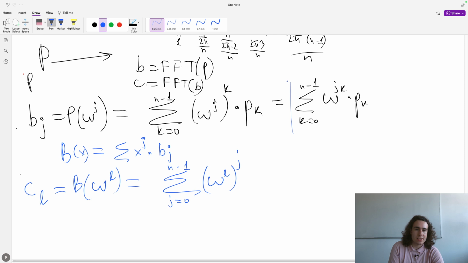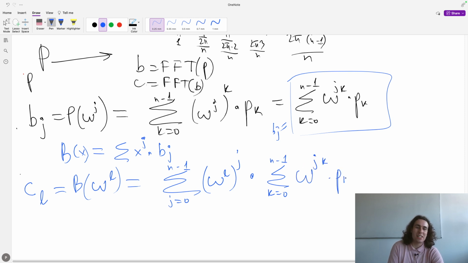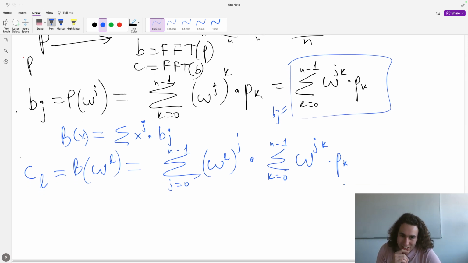But we know that bj is this thing. So it's times the sum for k from 0 to n minus 1 of omega to the power of jk times pk. Super confusing, right? But let's just understand what's going on here. We're just doing basic algebra, just the formulas were kind of large.